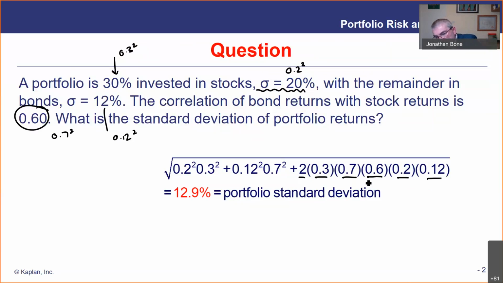Remember, by multiplying the correlation coefficient with the product of the standard deviations, that is giving us the covariance of our stocks and bond portfolio. Now, of course, what you then need to do once you've got your answer there is square root it to get your portfolio standard deviation.